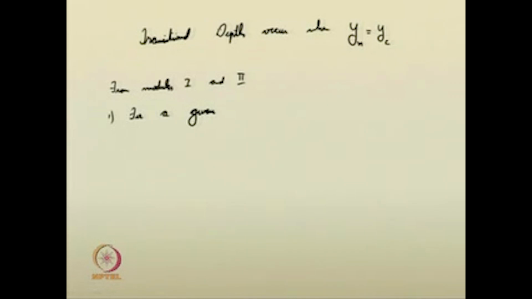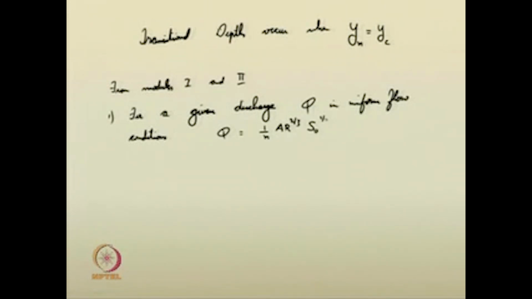for a given discharge Q in uniform flow conditions, it can be computed using Manning's equation or Chezy's equation, whichever.